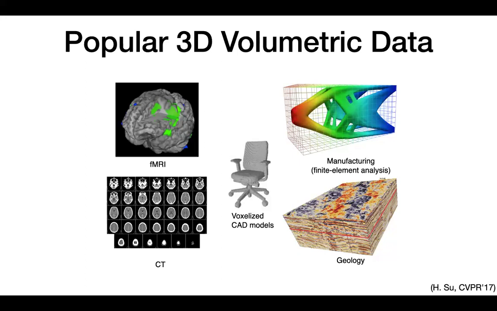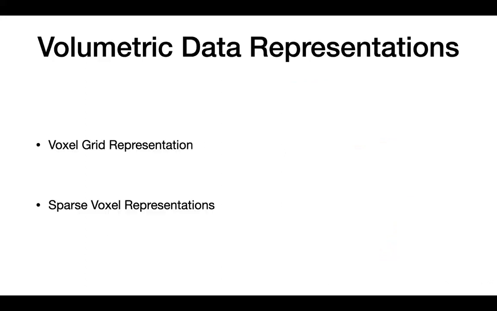And even for simple objects in computer aided design and computer aided manufacturing, we can take the CAD models and create this volumetric representation. So it's natural to take 3D data from different areas and create these 3D volumetric representations.